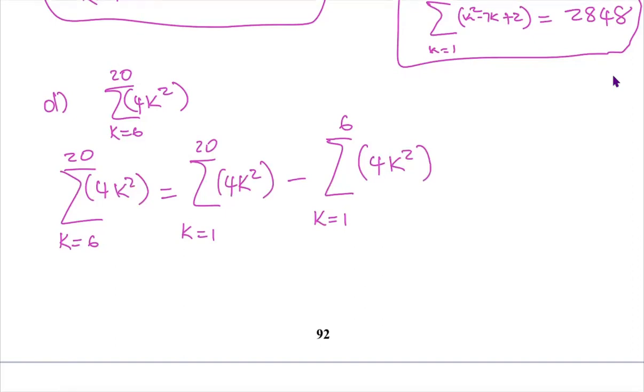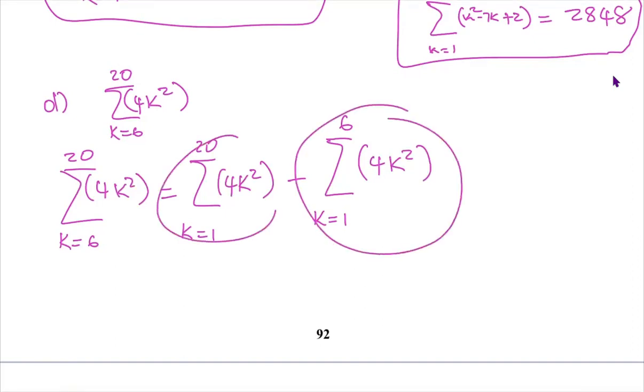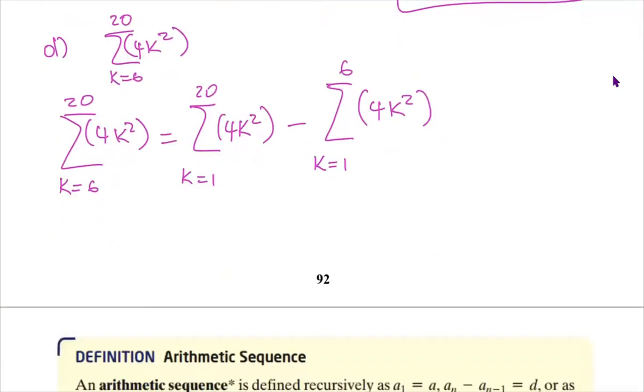When we take away this part from that, it gives you this. So this is 4 times the summation from k equals 1 to 20 of k squared, minus 4 times the summation from k equals 1 to 6 of k squared.